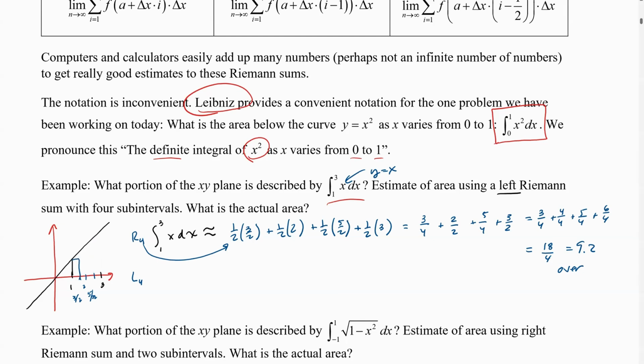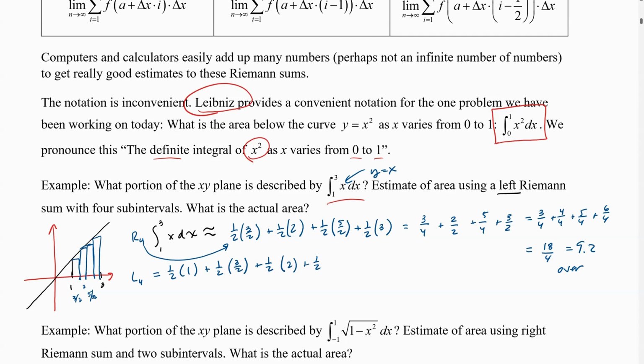The first rectangle is 1/2 wide and it's 1 tall. Second rectangle is 1/2 wide and 3/2 tall. The third rectangle is 1/2 wide and 2 tall.